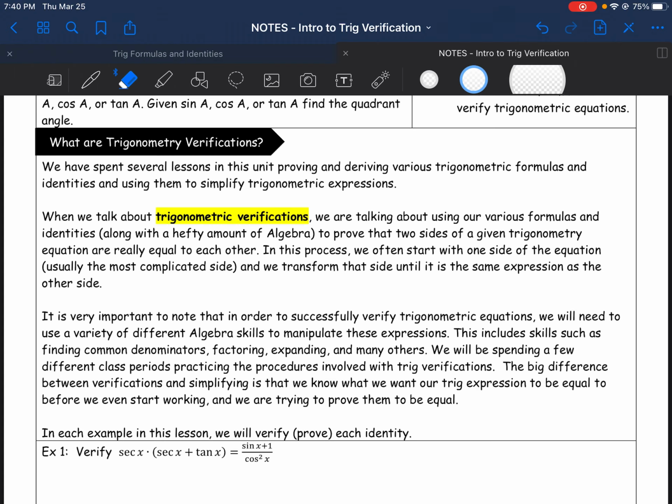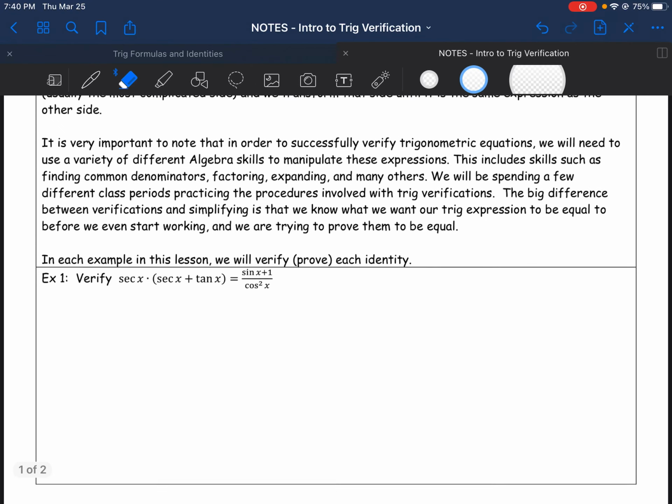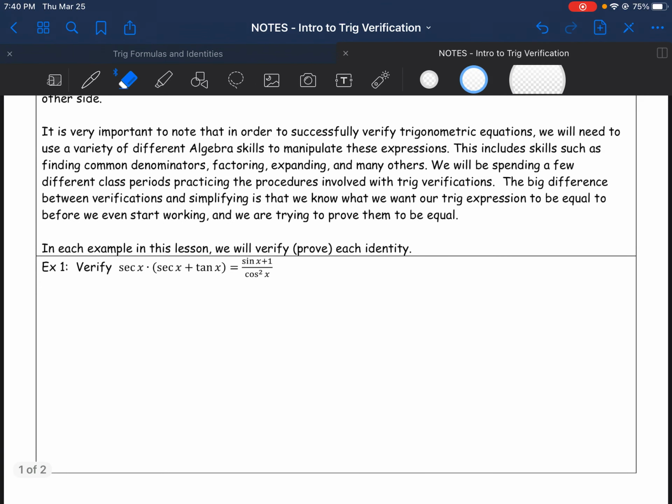Now, it is important to note that in order to successfully verify trig equations, we're going to need to use a lot of algebra. So that's going to be things like finding common denominators, factoring, expanding, all the different algebraic skills. So even though there are some examples here in this video, these are definitely not all the examples or all the types of skills you're going to need to have.